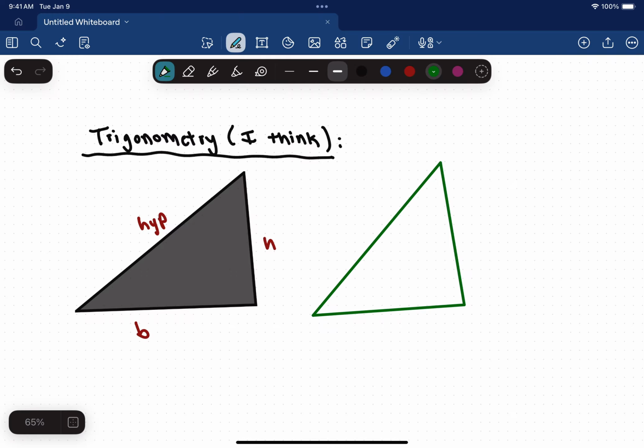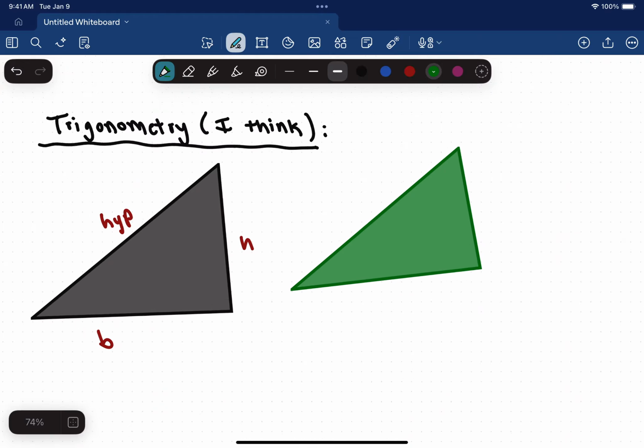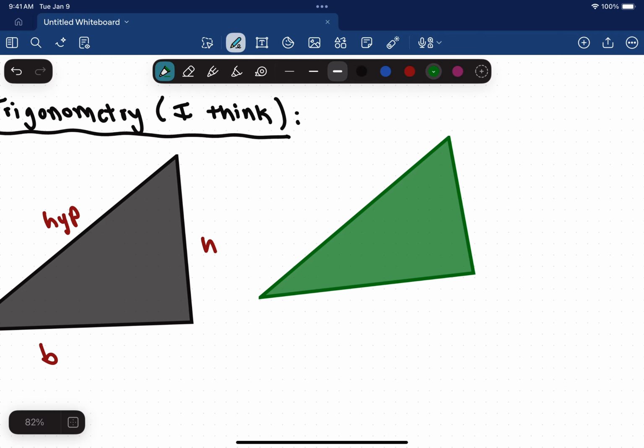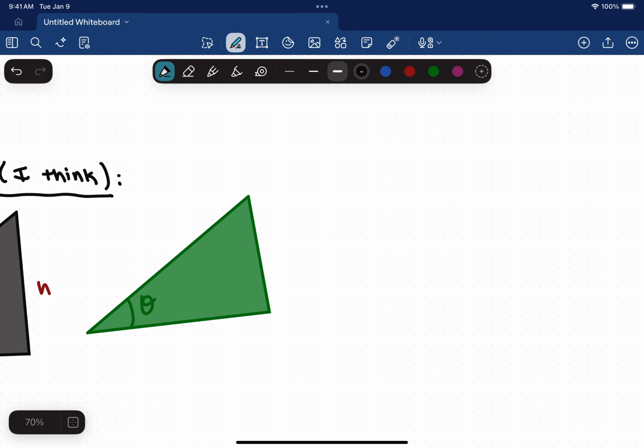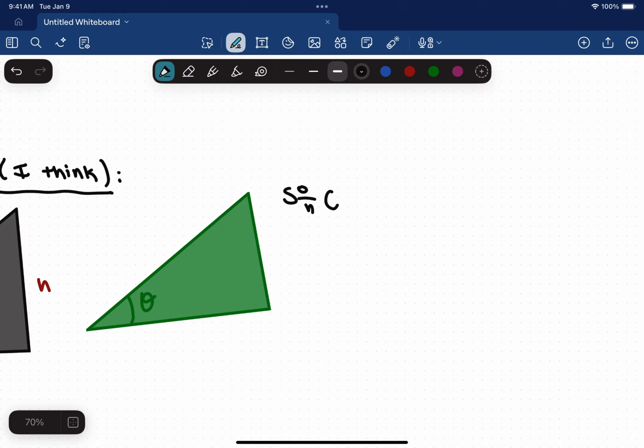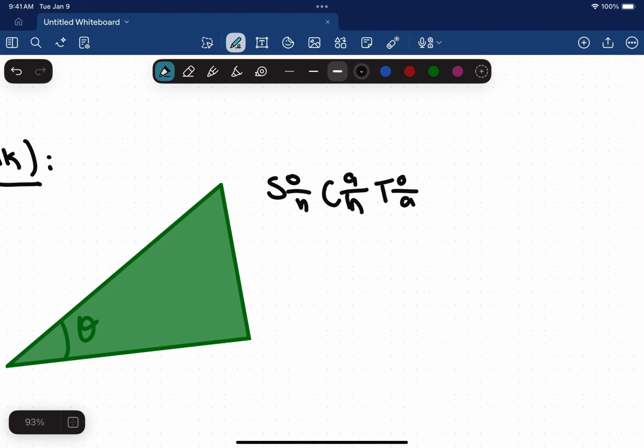So when you're trying to find the angle of a specific corner of a triangle, say like right there, there's going to be this thing that is called SOHCAHTOA, which basically means sine theta is equal to opposite over hypotenuse.